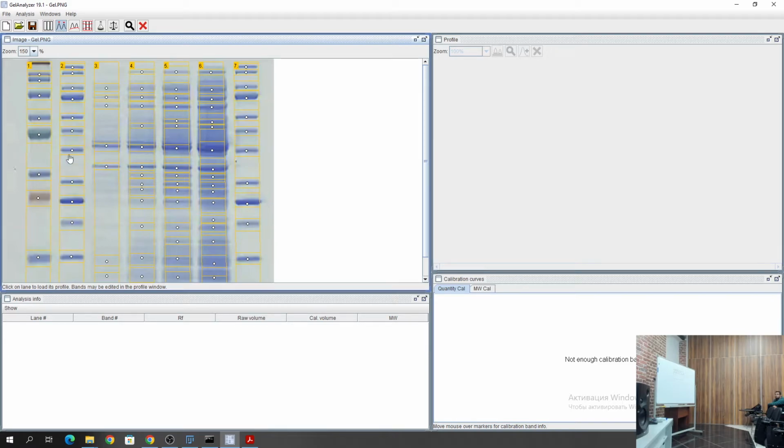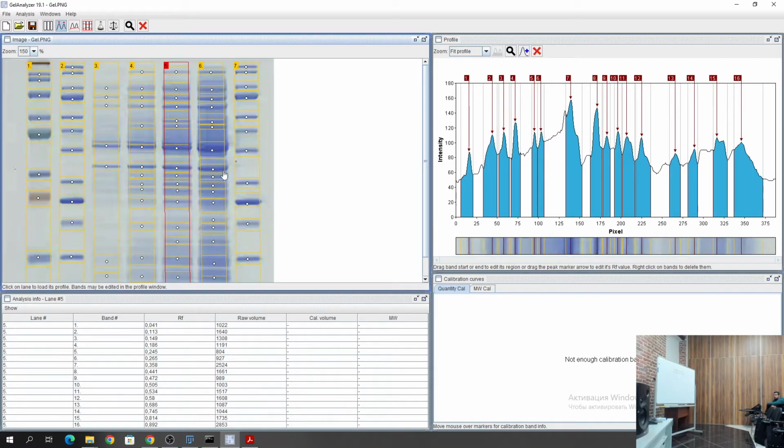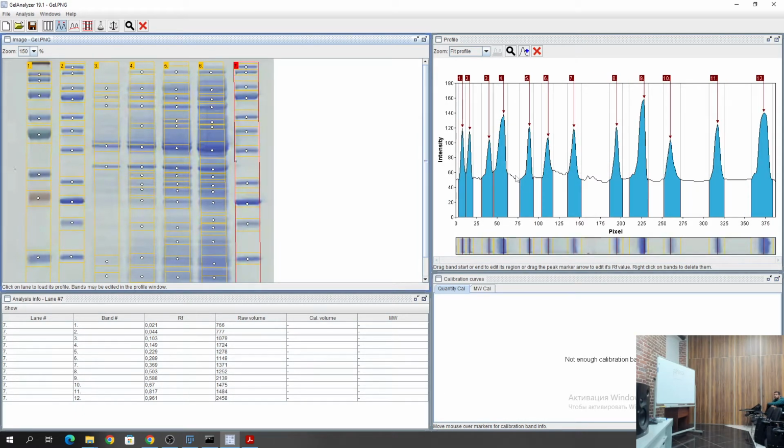It is possible to just click with your mouse somewhere, and you will add additional bands there. Okay, now we have bands. We can actually see the densitometer here, and you can change things if something is wrong, like here.